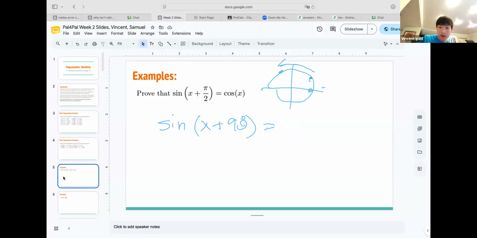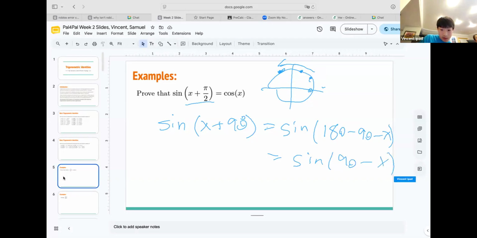And then you need the sine of the new one. The way to do this is you can realize that the sine here is equal to the sine of 180 minus x plus pi over 2. So it's equal to sine of 180 minus (90 plus x), which is equal to sine of 90 minus x, which is equal to cosine of x from our previous one. Okay.